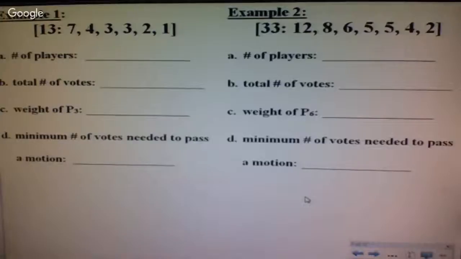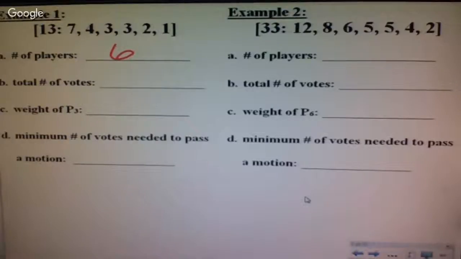That's how many votes you need to win. 7 is the weight of player 1, 4 is the weight of player 2, 3 is the weight of player 3, 3 is the weight of player 4, 2 is player 5, and 1 is player 6. If I asked you, how many players do I have? 6. It's how many numbers you have after that colon or semicolon, depending on what they use.